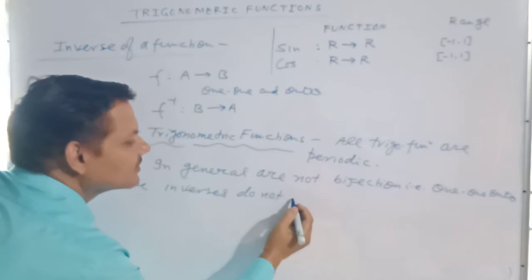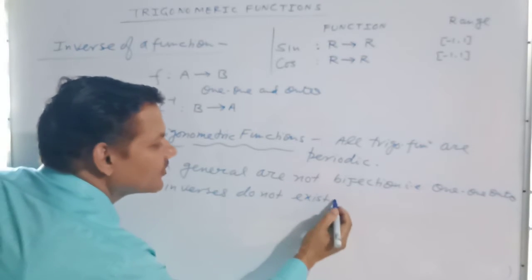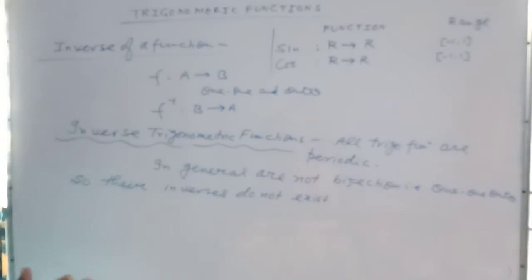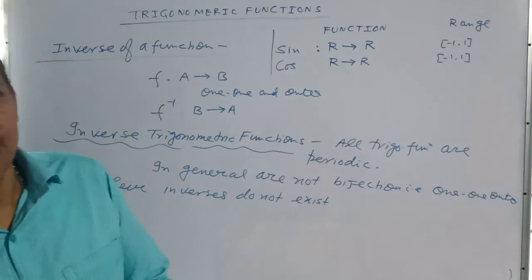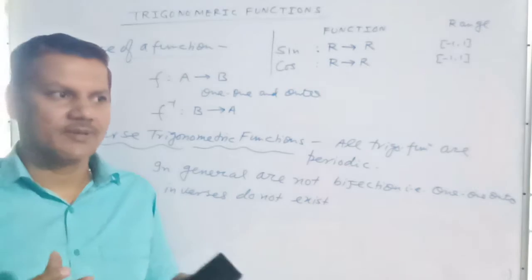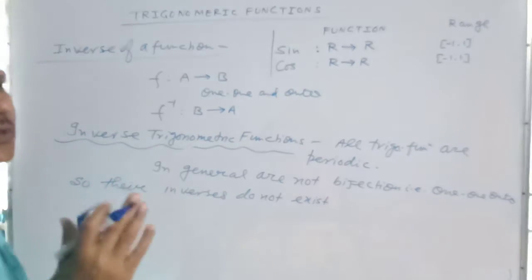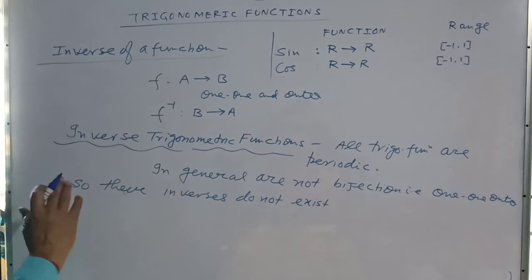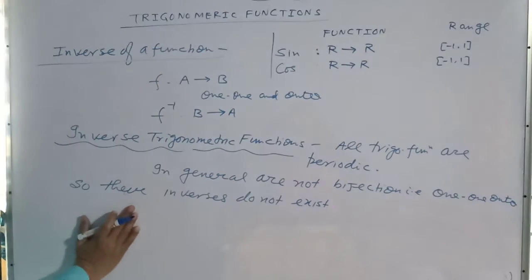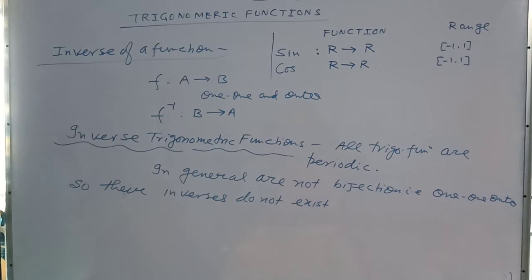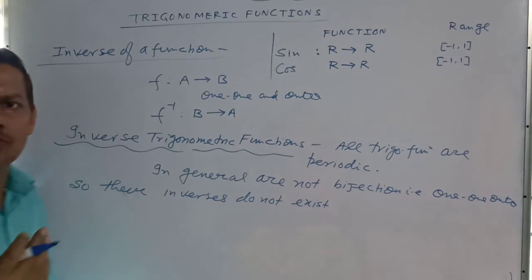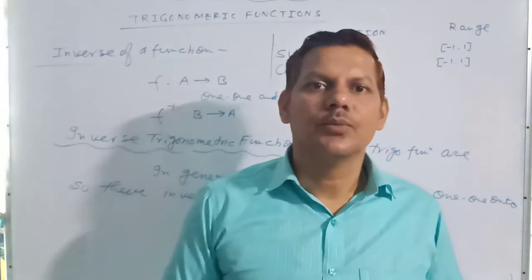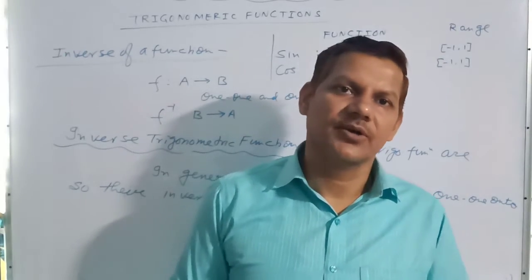do not exist. It means if we change their domain and codomain, then only there is a chance of inverse. Otherwise, they do not have inverses. That's why, if we restrict their domains and codomains, then we can make them bijections, and that's why we can get the inverse trigonometric functions.